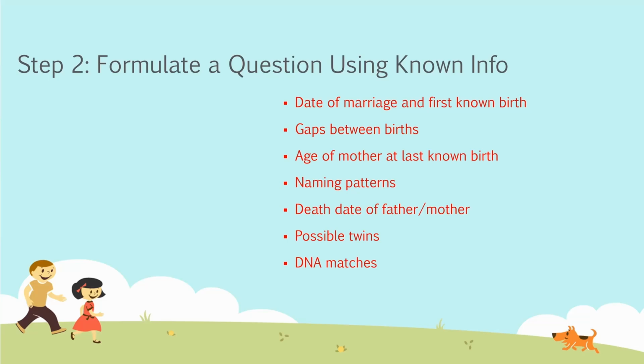Naming patterns are important, because if you see in a family that they actually use a naming pattern, and I made a video about British naming patterns particularly, but it also applies in the United States to a certain degree.